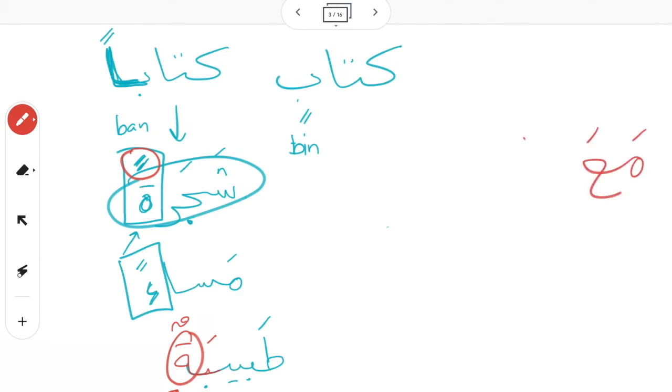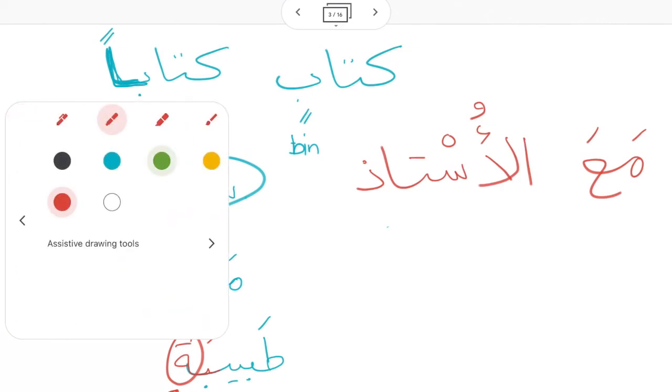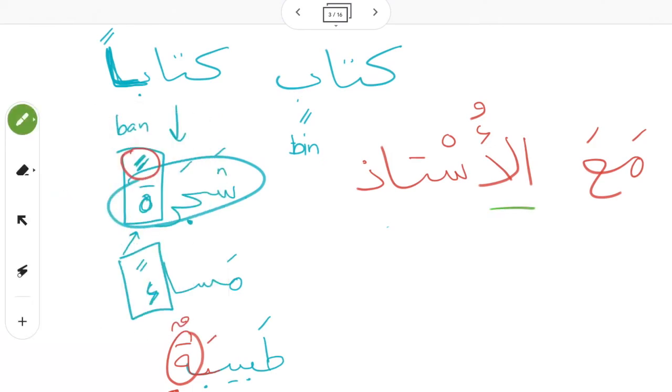Okay. Al-ustad, with the teacher. So remember, when you have words that have alif lam, you have to connect the two together when you pronounce them. So instead of saying ma'a al-ustad, we're going to say ma'al ustad.